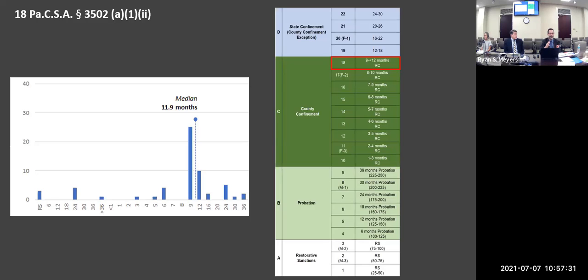So the choice set depends on what the median is and where it's falling on the OGS category. Here, I'm not saying we didn't have other choices, but from a descriptive approach, OGS 18 fits the description of the data, with the median happening to be approaching the upper end of the standard range, but there's no other place that it would fit from a descriptive perspective.